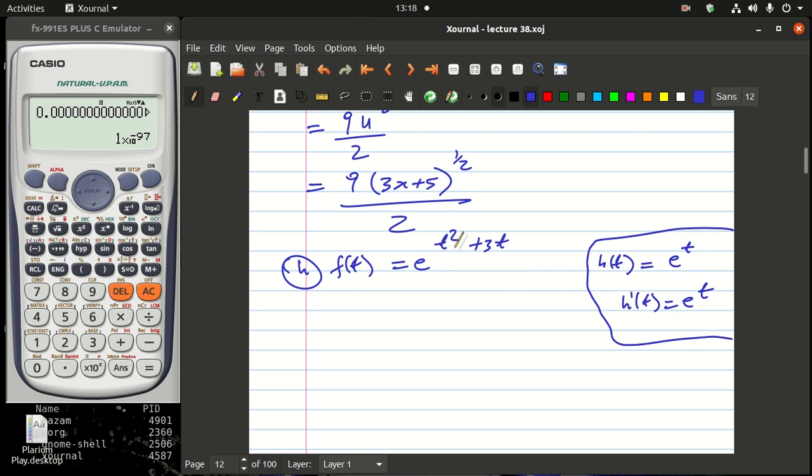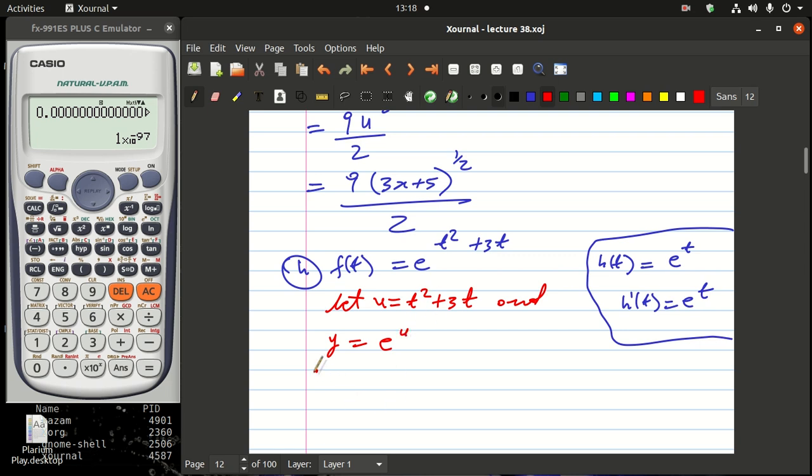So now instead of having just a t there, I have something else. So I am going to let what is sitting in the value of t to be u. So I will end up having u is equal to t squared plus 3t, and my y is still going to be the same function except that that whole thing will be replaced by a u. So I will end up having e raised to u.